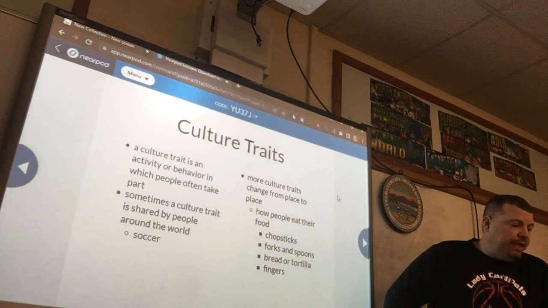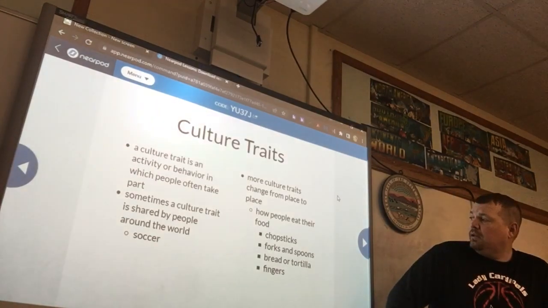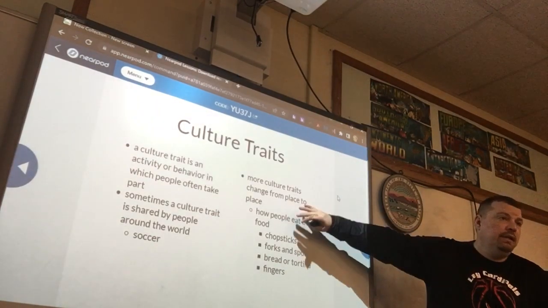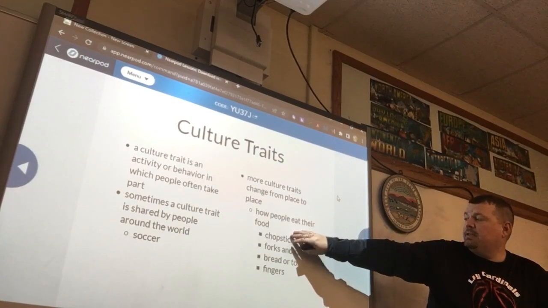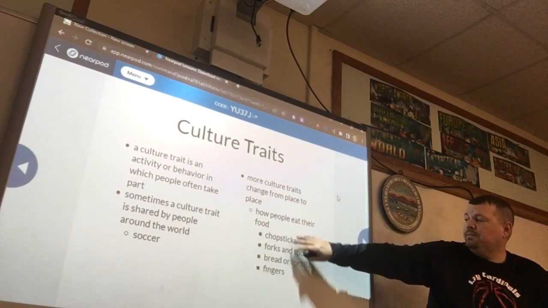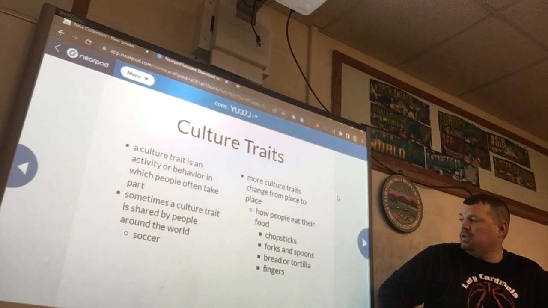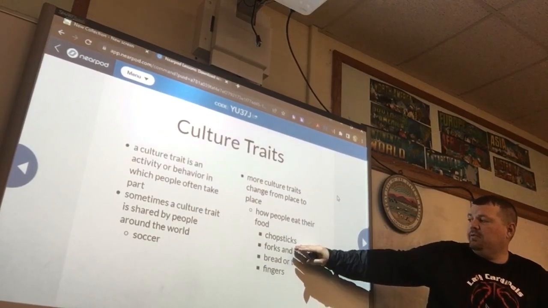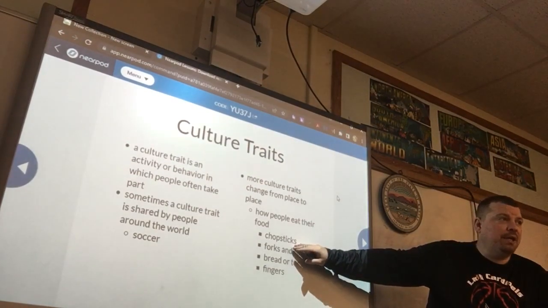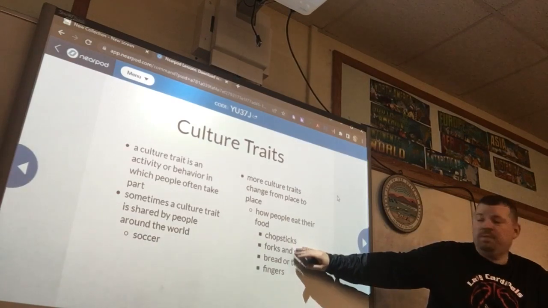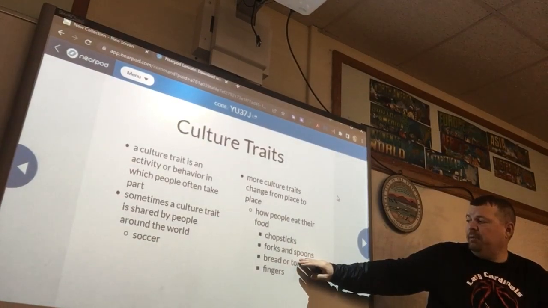Culture traits change from place to place. An example of how culture traits change from place to place is how people eat their food. Some cultures eat with chopsticks. Some places eat with forks and spoons.